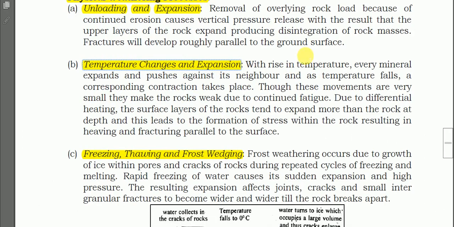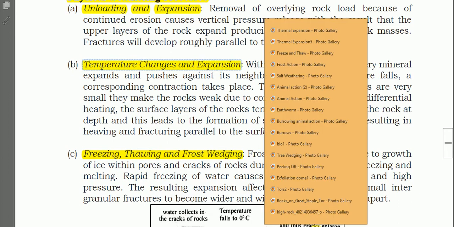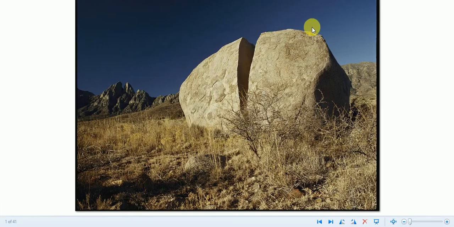That process is known as temperature changes and expansion. Because of this process, see some of the rocks like this, here it is broken like this. So this is because of the thermal expansion and contraction in the desert areas.